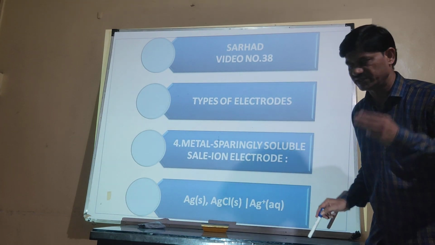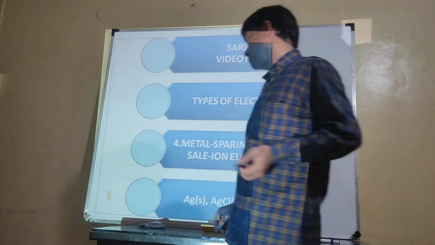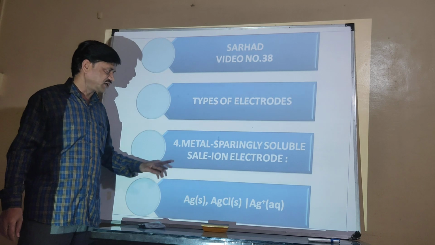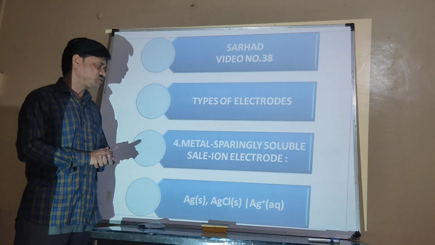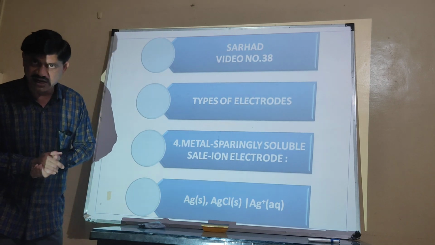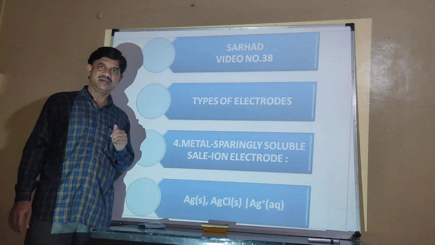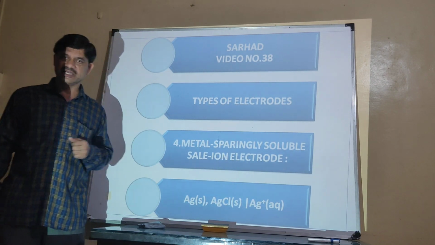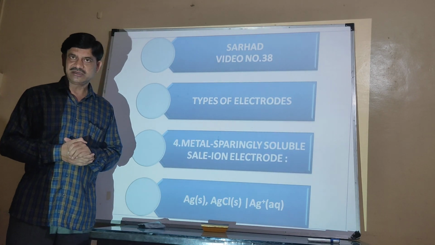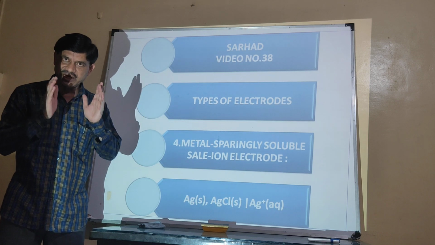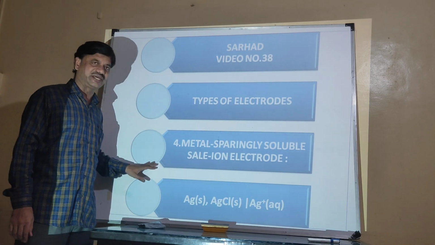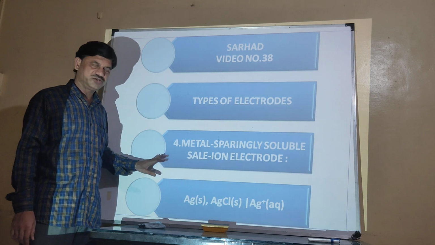Next type, another important type of electrode: the metal sparingly soluble salt ion electrode. So three species are there. What is the first one? Metal. What is the second one? Salt of that particular metal. What type of salt? Sparingly soluble salt. And what is the third species? Ion. It may be a cation or an anion. So from class 11, chemical equilibrium, ionic equilibrium, what is a sparingly soluble salt? A salt which is less soluble, dissolved to a lesser extent, is a sparingly soluble salt.